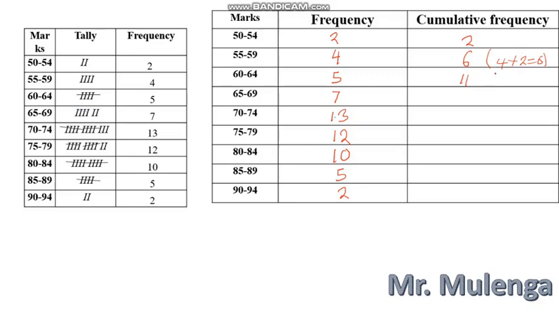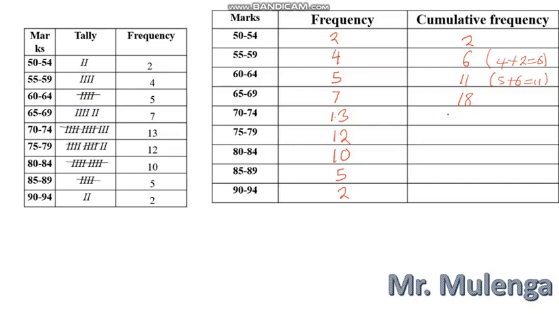Then 7 plus 11, to give us what? 18. So I do hope that you are able to recall this, how I was showing you to come up with these values.